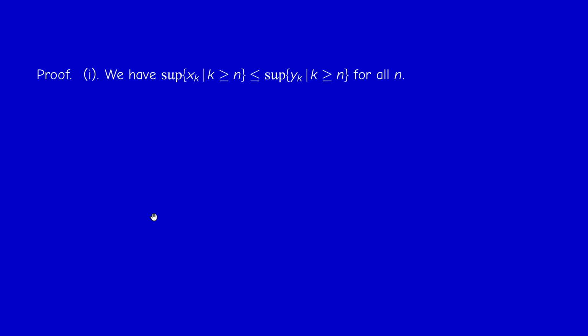Okay, so let us start with the first property. If xk is less than yk for all k bigger or equal than n, then the sup of xk is less than the sup of yk, as you may check. Because xk is less than yk, which is less than sup of yk, right?